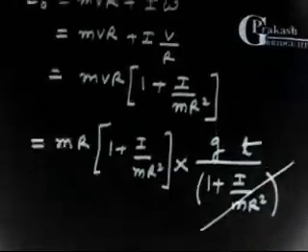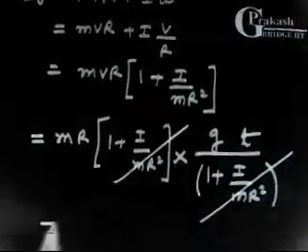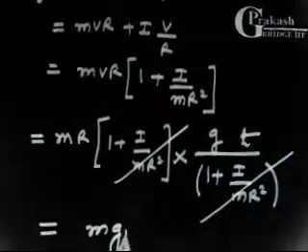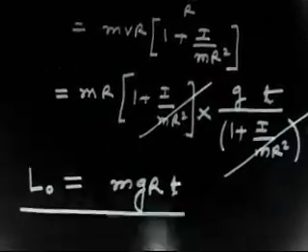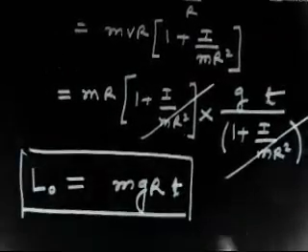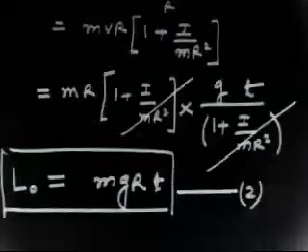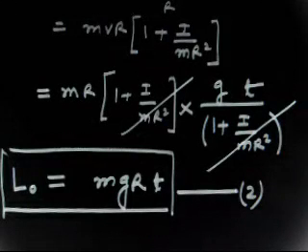So this term and this term get cancelled out, so we will have mgRt. So you see angular momentum about O is the same as mgRt that we found in equation number 1, but that time we used dL by dt is equal to torque external.